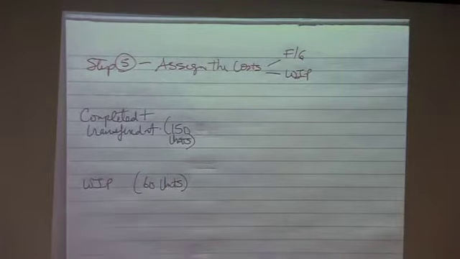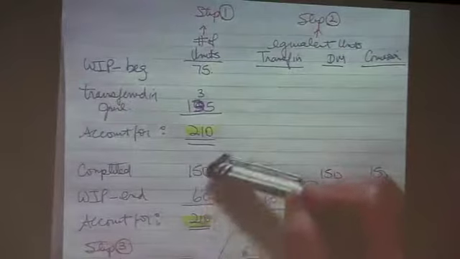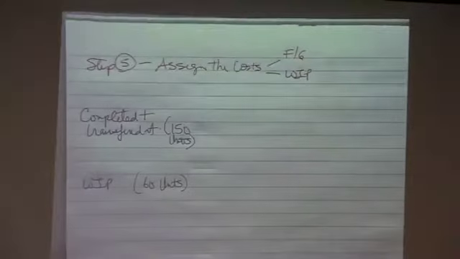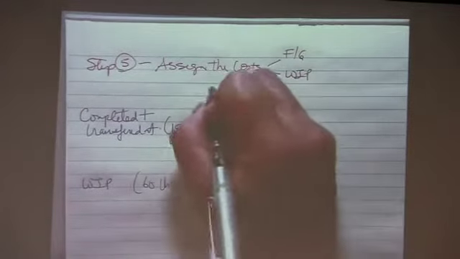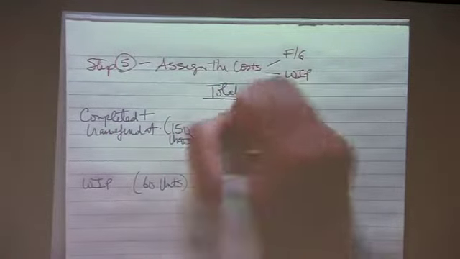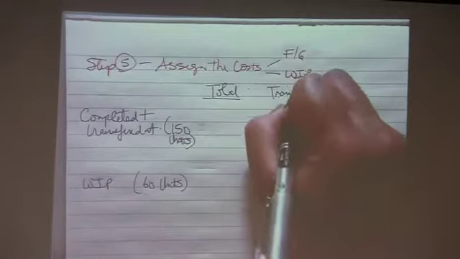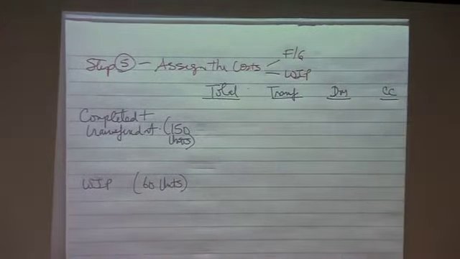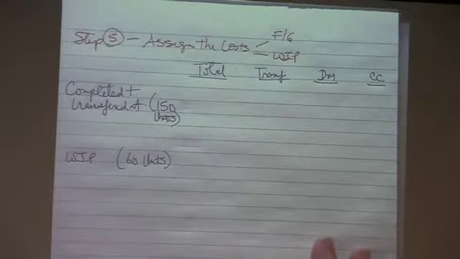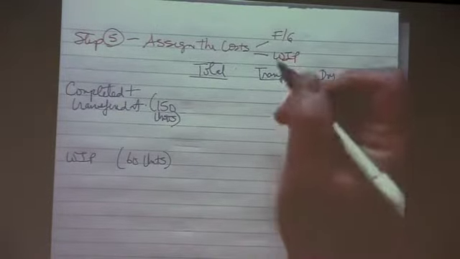And that just came from here. Now, what is the transferred in cost? Let me just put total, because we need a total here. Transferred in, direct material, conversion cost. So let's look at the first one.